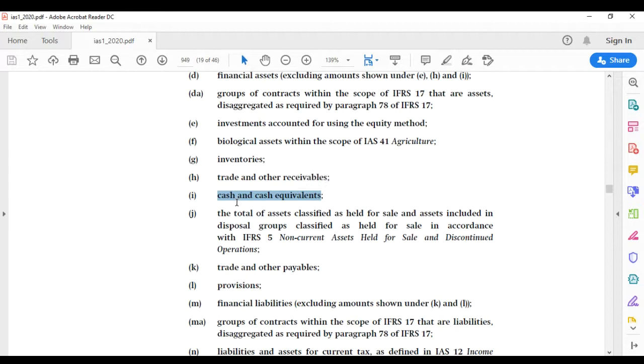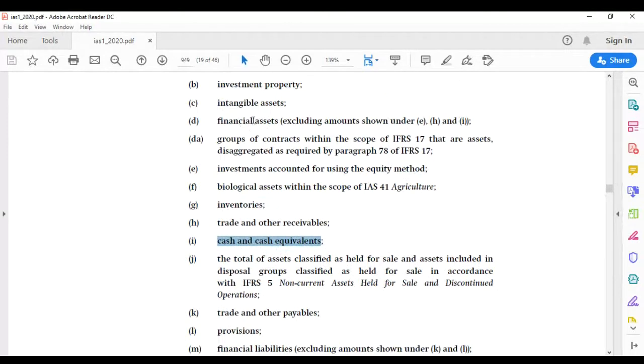It is your coins that you've got in your wallet that I don't have in my wallet. And cash equivalents, as we'll see when we do IAS 7, there's a very specific definition for cash equivalents. But in general terms, we can say it is a bank account, such as a check account or current account or a savings account. There are certain kinds of cash equivalents which are not going to be classified as ordinary cash and cash equivalents, but rather as financial assets. But we'll see when and in which cases that happens.